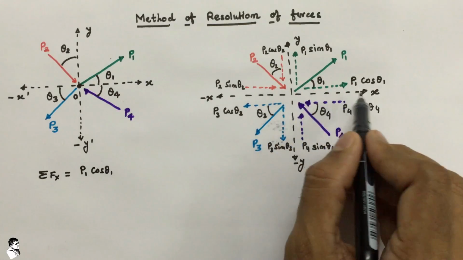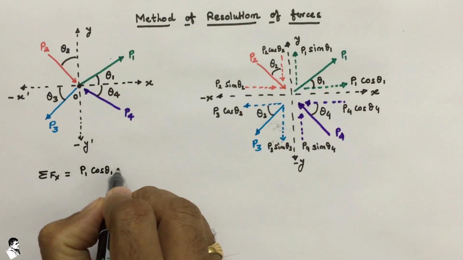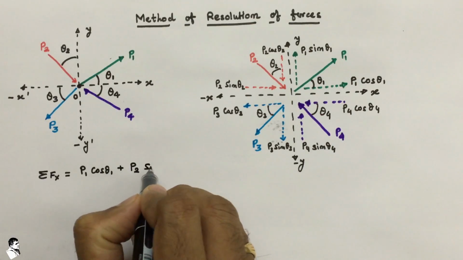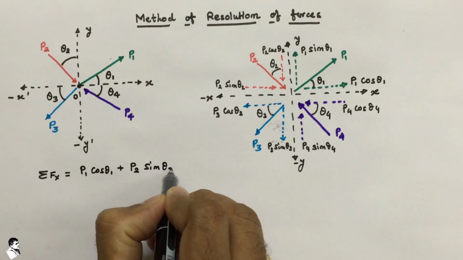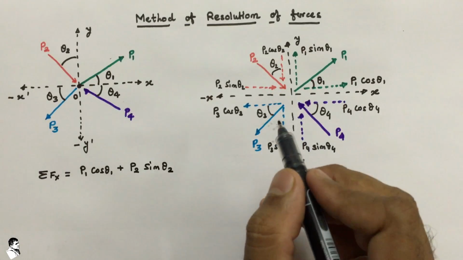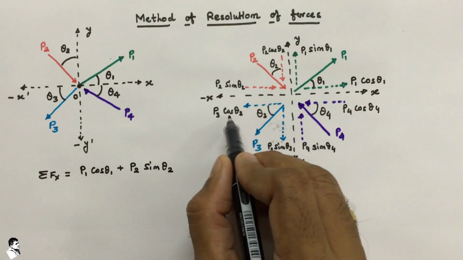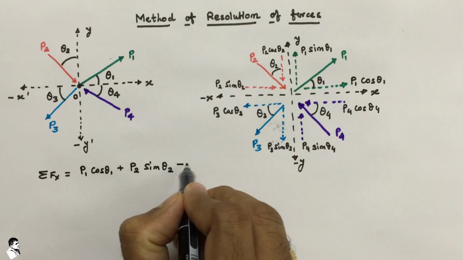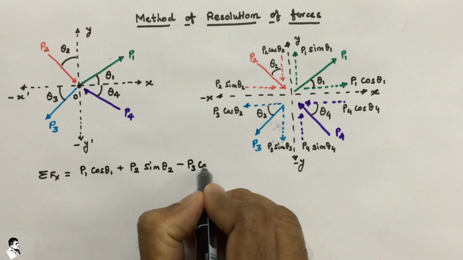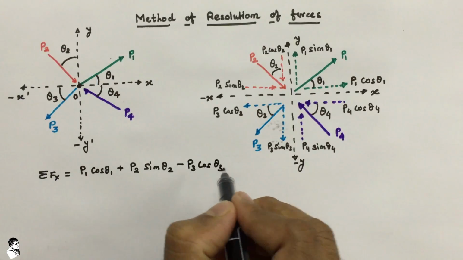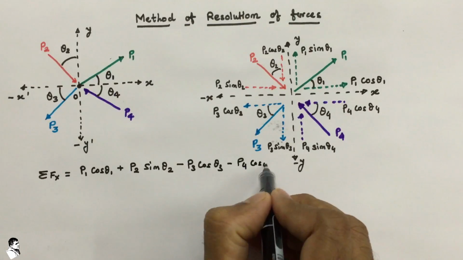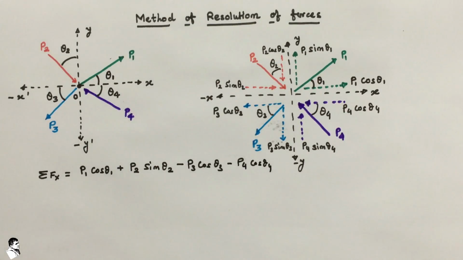Both are towards the positive axis, so they have positive sign. P3 cos theta 3 is towards the negative side, so it is minus P3 cos theta 3. In the same way, minus P4 cos theta 4.